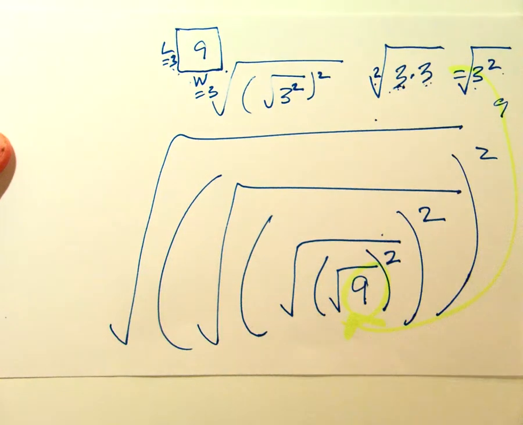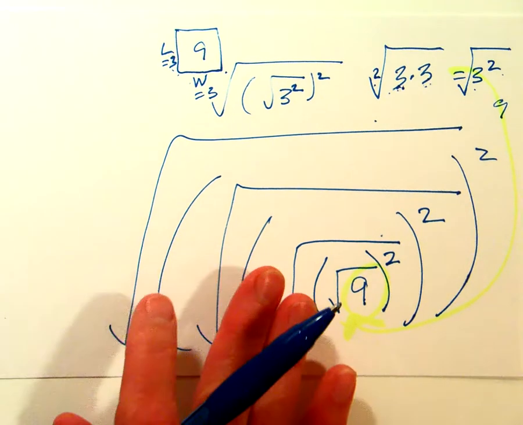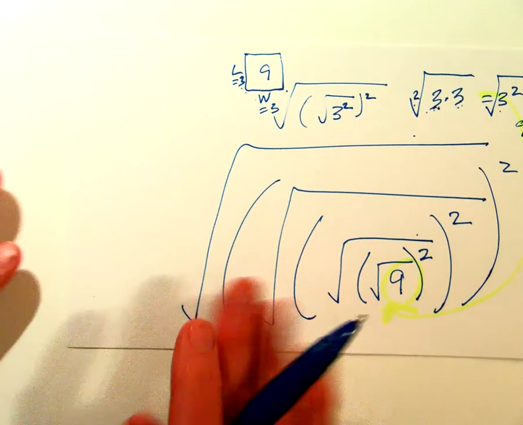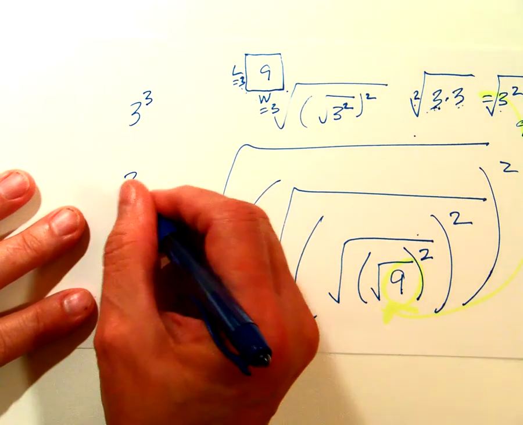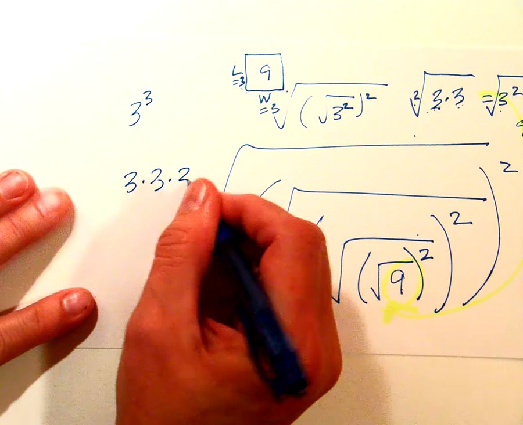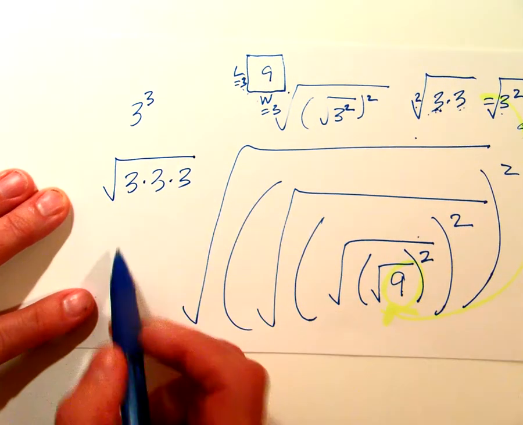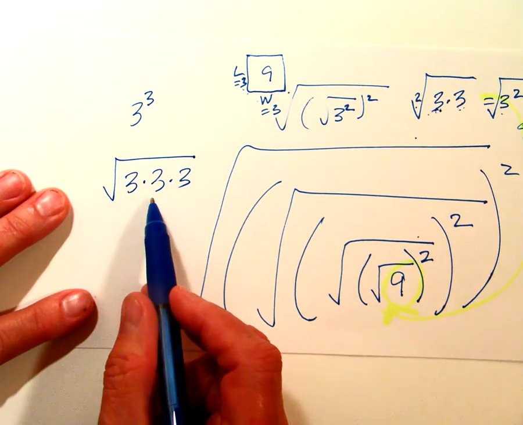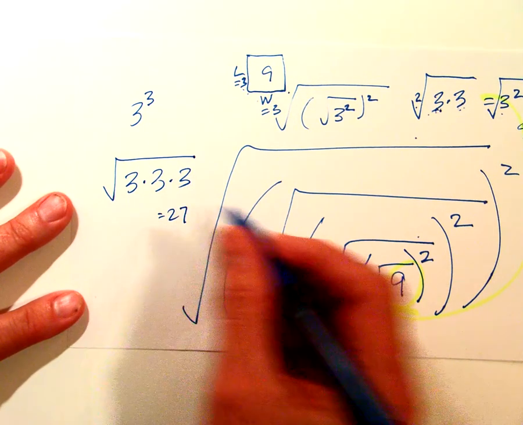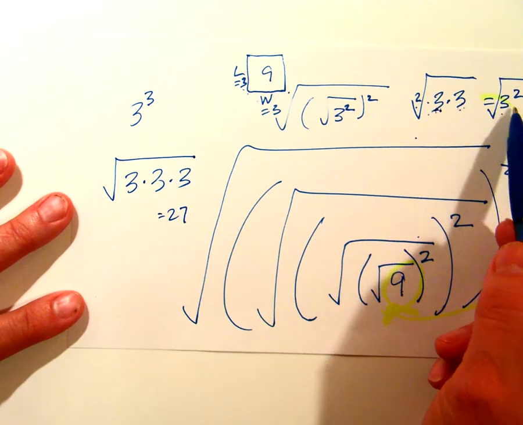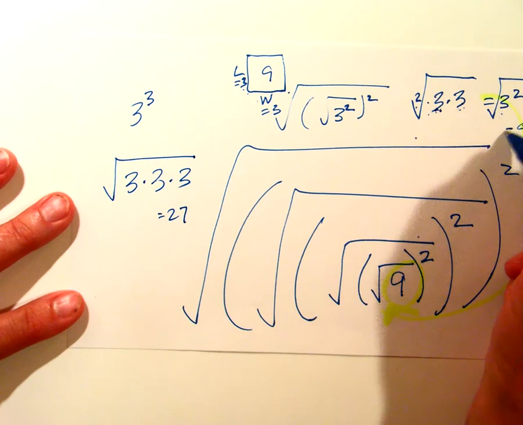Okay. So it also works, by the way, if you could do it with more of them. For example, if you have 3 cubed, 3 cubed is 3 times 3 times 3. So we'd be saying, what do you multiply by itself 3 times to get 27? Here we said, what do you multiply by itself and use it as a factor 2 times and get 9?